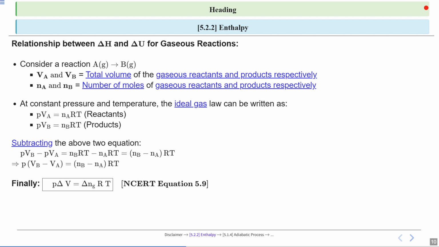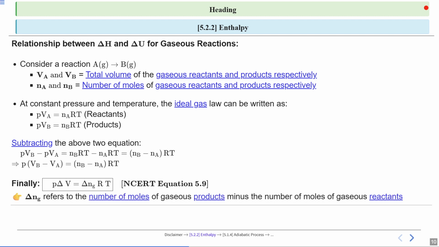Now, I have used a very special kind of subscript here for the N. Rather than writing it as simple N, I am writing it as Ng. Okay. What is that delta Ng? It is the change in number of gaseous molecules when we are moving from the reactant to product. Okay. So remember, this change in moles or molecules is only related to the gases and not to any other state.